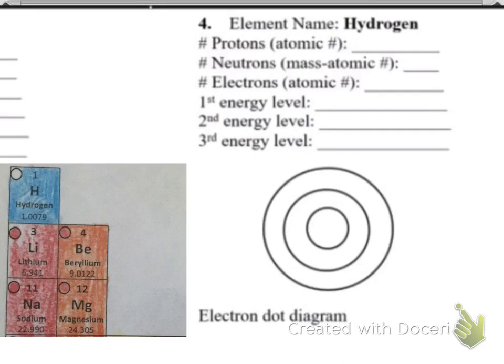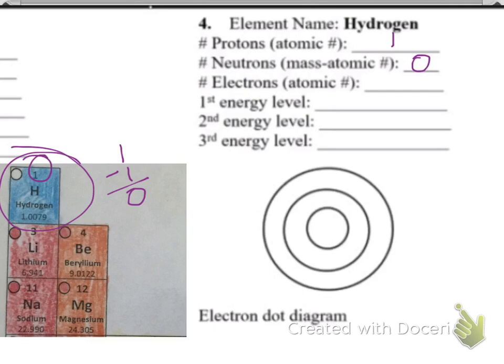Okay, hydrogen. This one's sort of tricky on the Bohr's model or on the information collecting part. So let's see, we have hydrogen, H is 1, so there is 1 proton. Normally you would subtract the atomic number from the atomic mass, and in this case, it's going to give you 0.